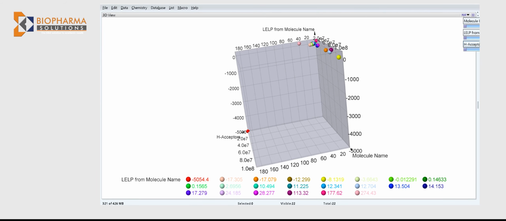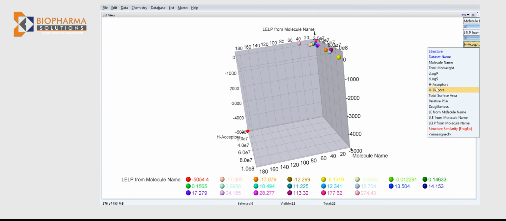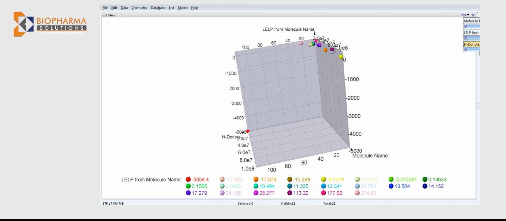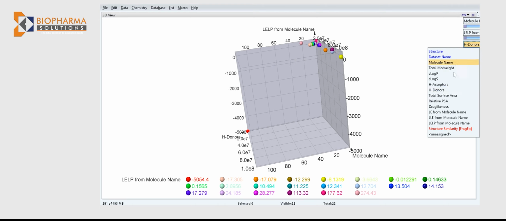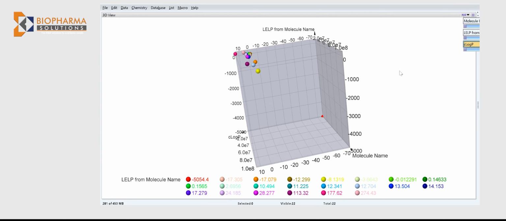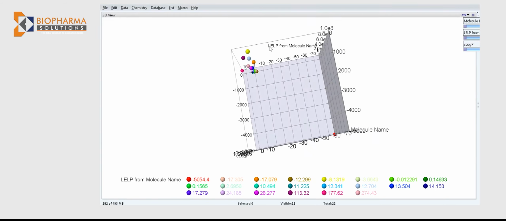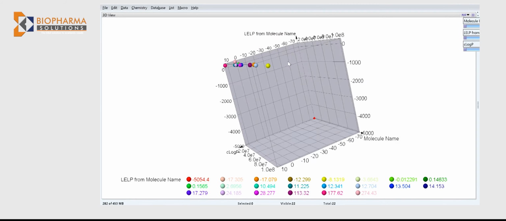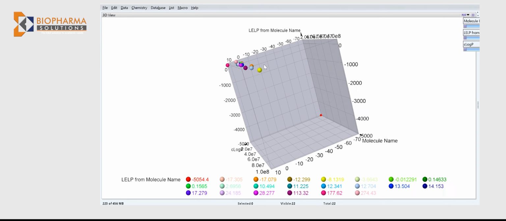If I take hydrogen bonding donor, almost the same relationship is going to be there. Then suppose I take C log P, so I can see that the molecule accepting one or two molecules will be in another space. So the correlation between LELP and molecular structure with respect to different parameters I'll be able to generate.